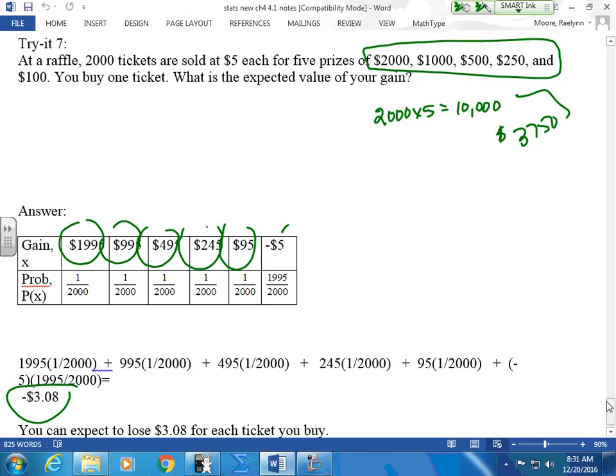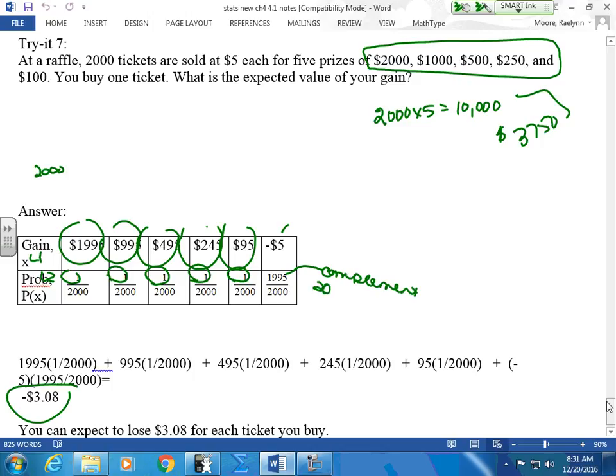So to find these, you're going to put this in your L1. You're going to put this in your L2. You have to figure out your probabilities, but that we can do because out of 2,000 tickets sold, there's only one of these guys. There's only one of this prize. One of this prize, one of this prize, one of this prize. This is my complement.